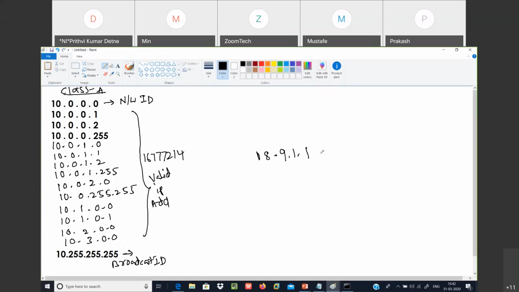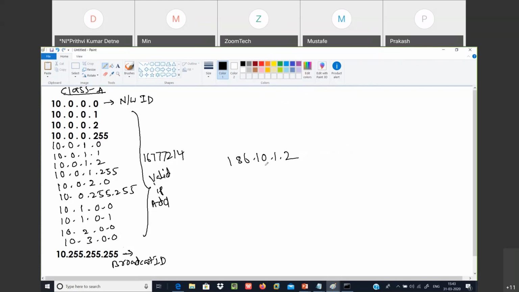Which class does this IP belong to? 18.9.1.1 is class A. Now which network ID does this IP belong to? 18.0.0.0, perfect. 18.0.0.0 is the network ID. Perfect.